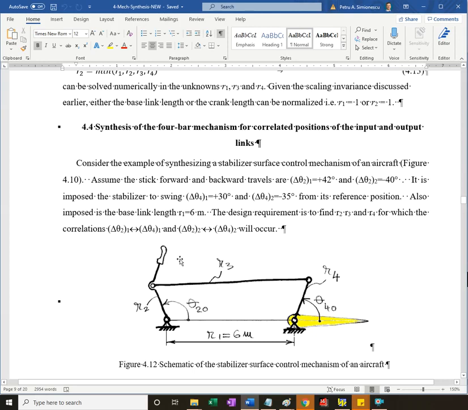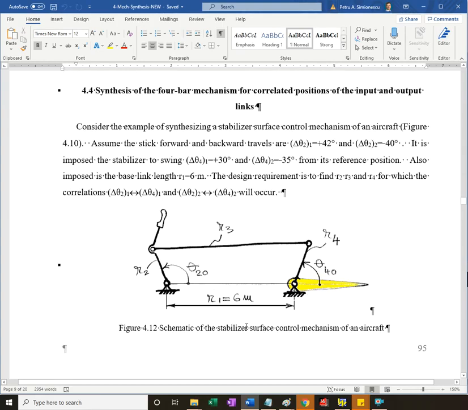It could be the example of a small aircraft, and this is the stick: you push the stick, you lift the control surface, you pull the stick, you lower the control surface, and you want to size the entire 4 bar given the angle of swing for forward and reverse.